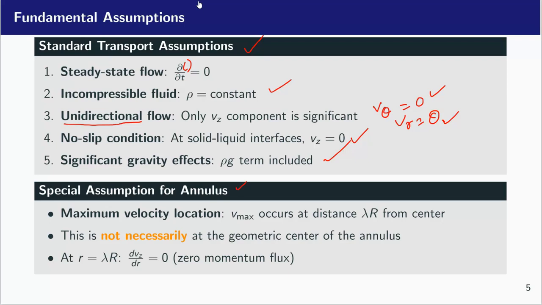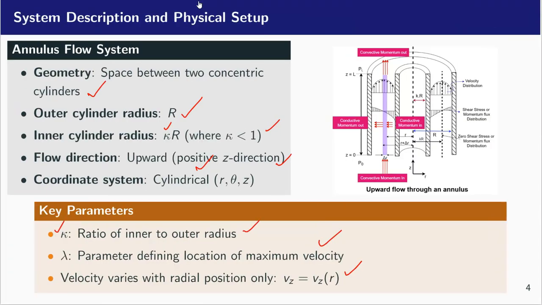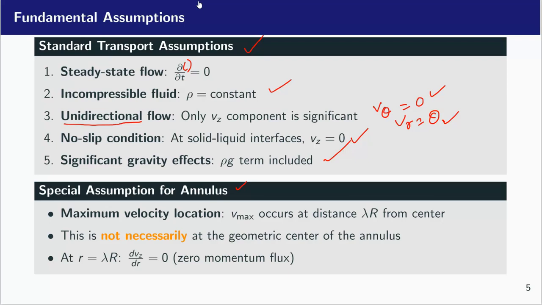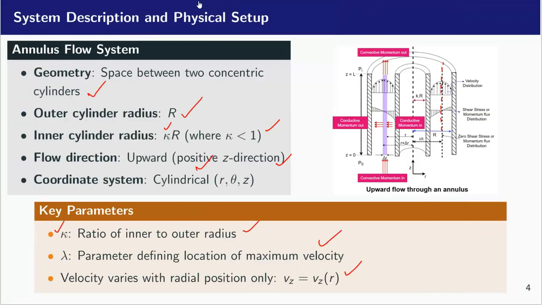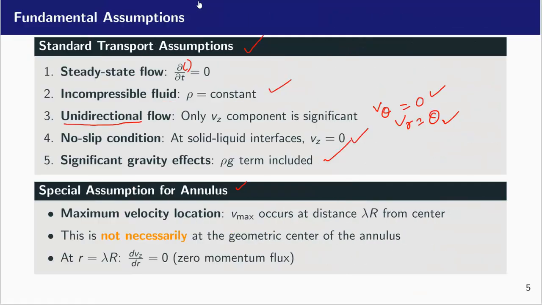The maximum velocity location: you can see the maximum velocity here. v_max occurs at a distance lambda R from the center. So from the center to here is lambda R, and there will be the maximum velocity.